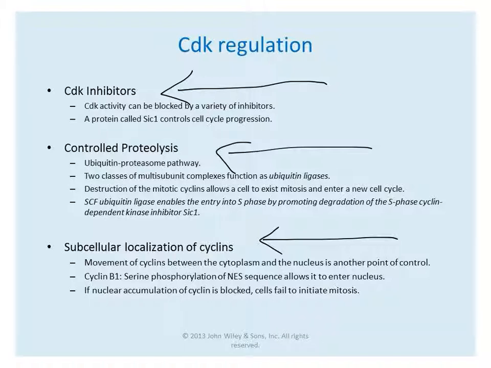For example, preventing the important cyclin B from entering into the nucleus will prevent activation of the CDK that's important for M phase initiation. So the different locations in which these cyclins are found, the cytoplasm or the nucleus, can help control whether they can interact with their specific CDK at a certain location, which can control activity.